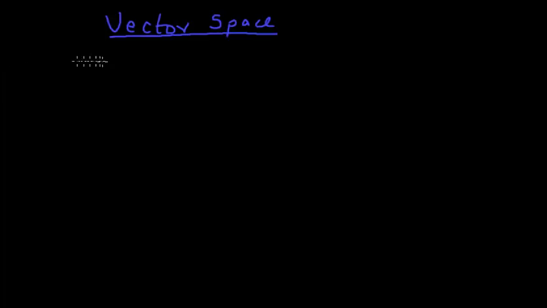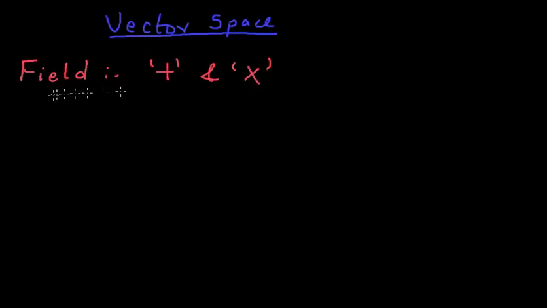Before moving on to vector space, let me define what a field is. A field is any set in which addition and multiplication are defined, and the following properties are satisfied.